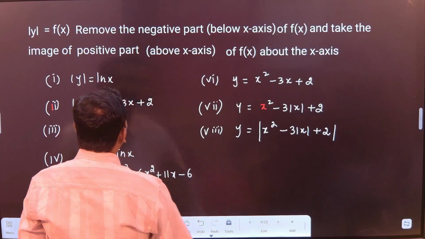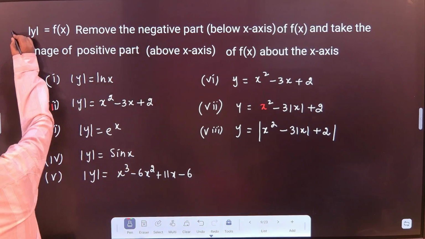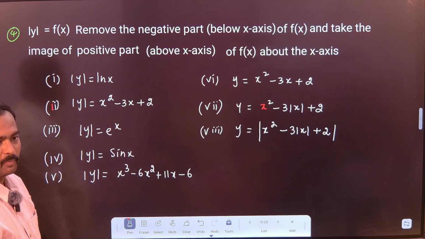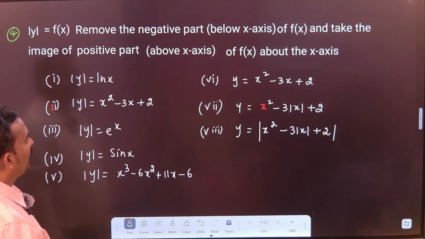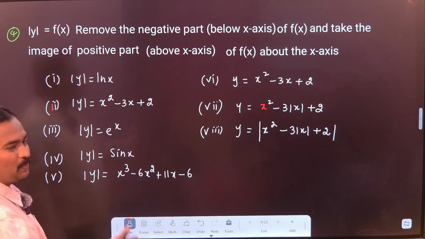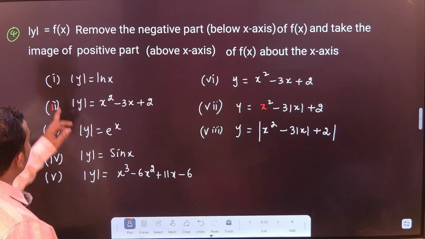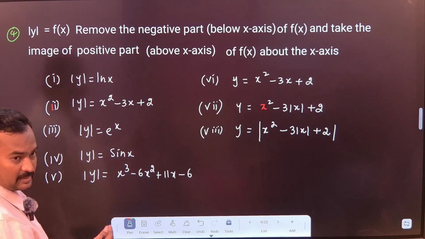So next, you can see, we'll draw one by one. Next thing is what? Fourth one. Mod y is equal to f of x. Mod y is equal to f of x means what? Remove the negative part. So that means below x-axis you have to remove it. And take the image of the positive part about the x-axis.